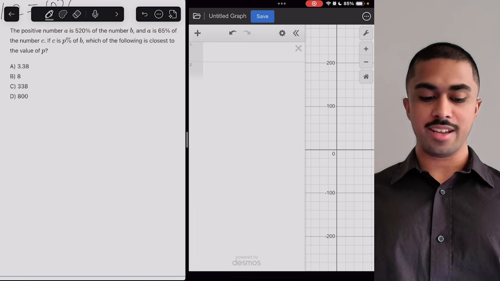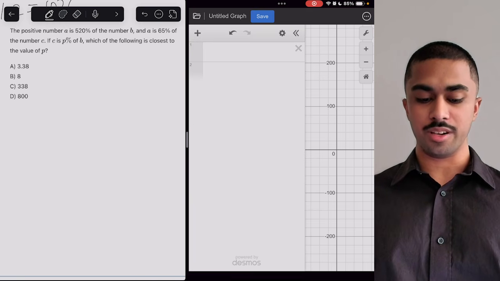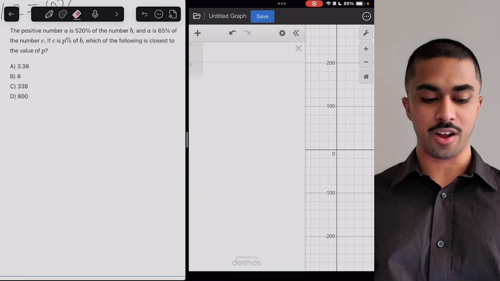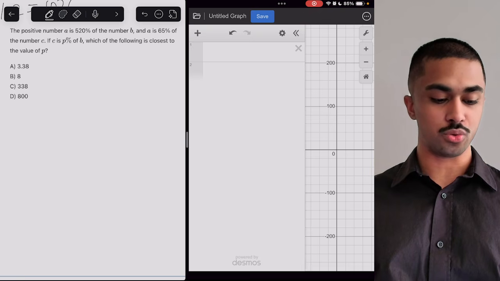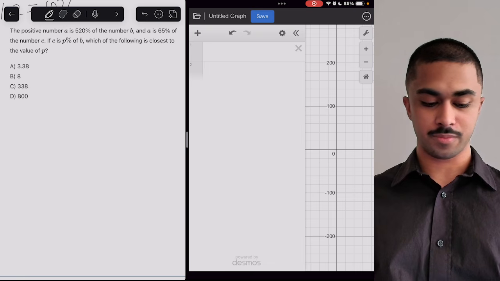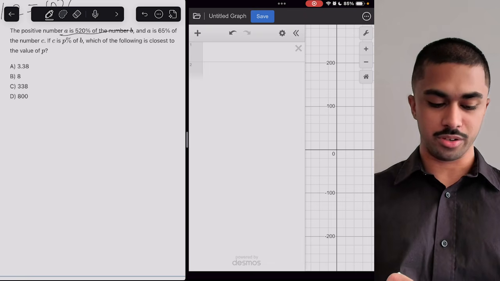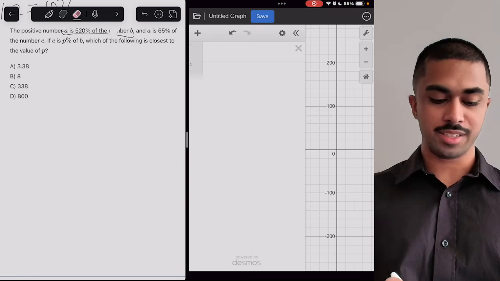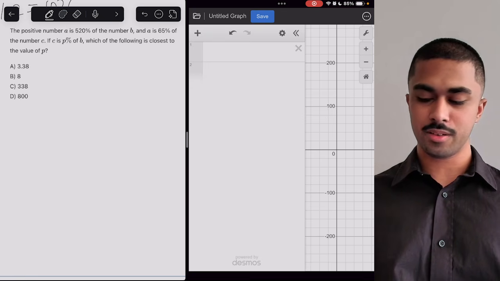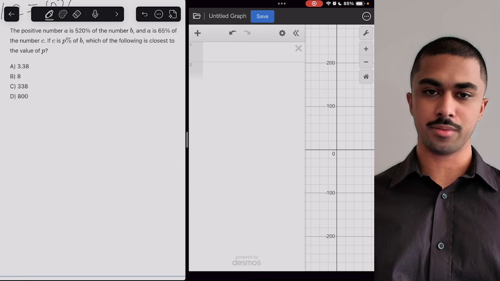The positive number A is 520% of the number B, and A is 65% of the number C. If C is P% of B, which of the following is the closest to the value of P? Here's what we want to do. Let's set up some equations. This is the easiest way to solve this, honestly.